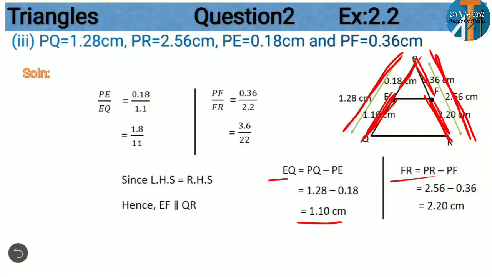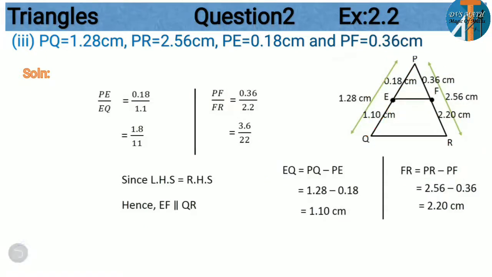Now let us substitute here. First let us take PE by EQ. You got this value and this value. So first take PE by EQ, so 0.18 by 1.1. If you simplify, shifting the decimal point, you will get 1.8 by 11.